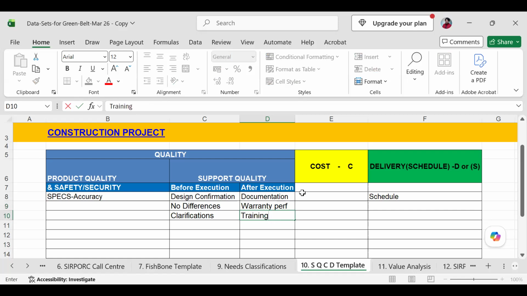And how does the cost play a role here? So we are giving all this good quality of product and quality of support at a reasonable cost. Competitive.